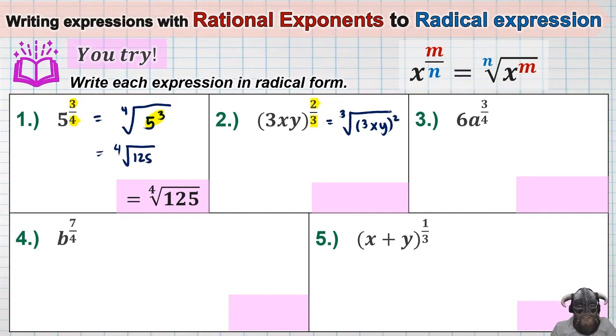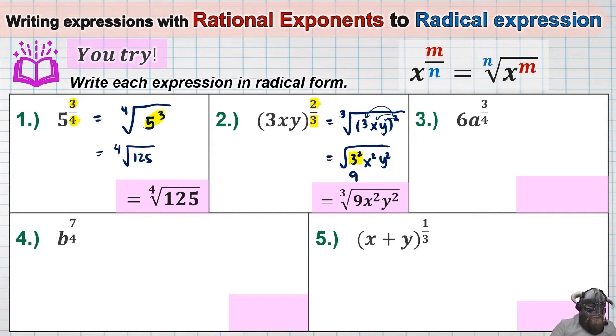So ang exponent ng ating radicand will be squared. So just to simplify, let's just distribute these 2 dun sa bawat term sa loob ng parenthesis, which is 3xy. So we will be having the cube root of 3 squared times x squared times y squared. So, you just need to square 3. That will be equal to 9. Dapat ang magiging sagot nyo ay the cube root of 9 times x squared times y squared.